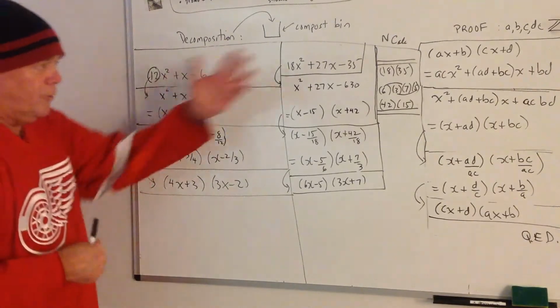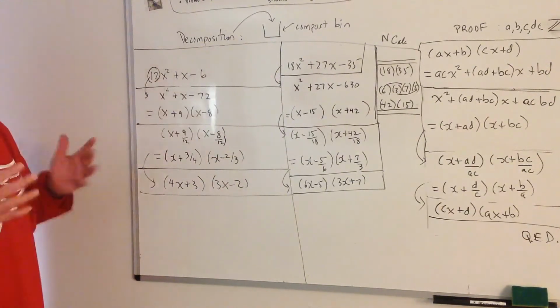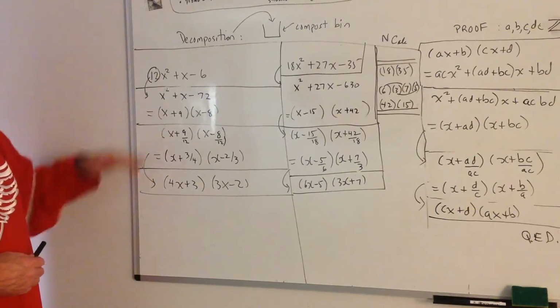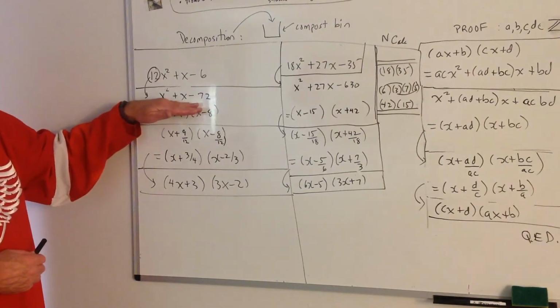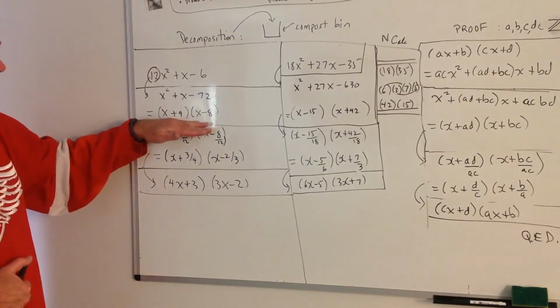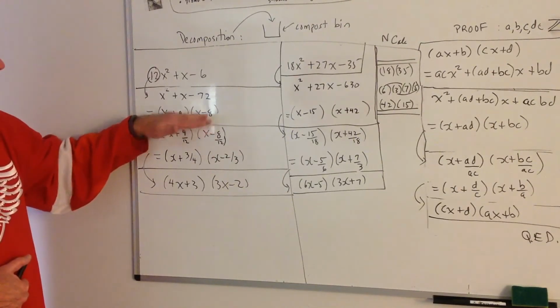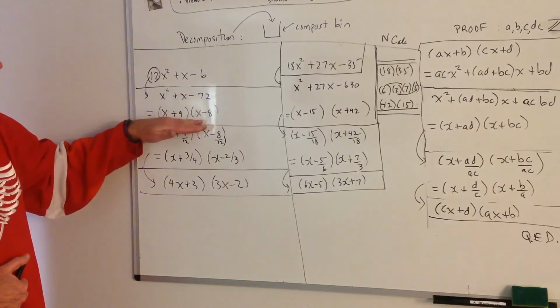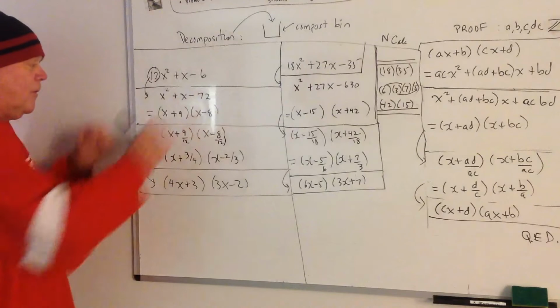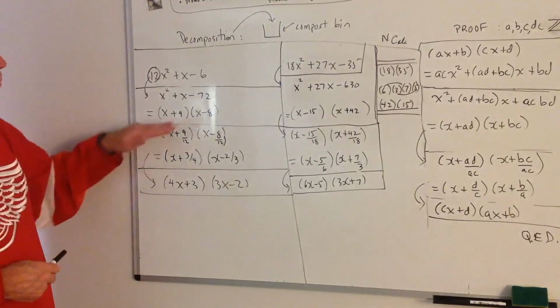But as we'll see in the proof later on, it does work all the time, if it is factorable. Once we have it in this form, our challenge is to factor it by the basic factoring techniques. What multiplies to negative 72 and adds to 1? Well, trial and error, we can get that pretty quickly, a lot more efficiently than maybe this one up here. x plus 9, x minus 8.